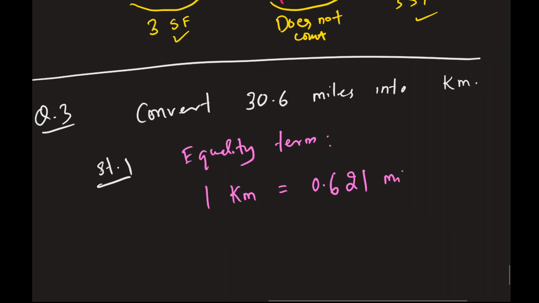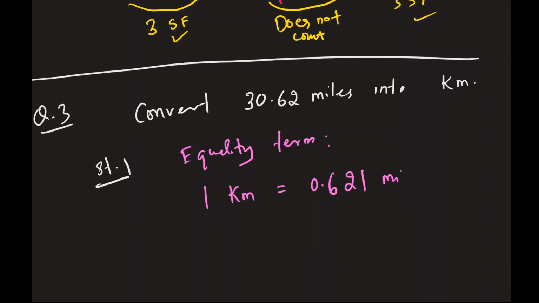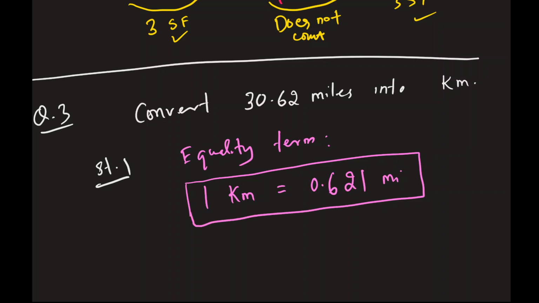Sounds good. Maybe let's make this 30.62 miles. So pause here for a second and try to do the math. Then you can come back for your answers. Okay, so this is our equality term, 1 kilometer equals 0.621. In this number, this equality term is between two systems, so this is between metric and US system.